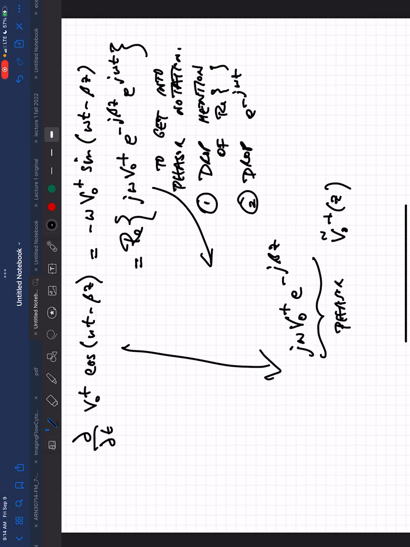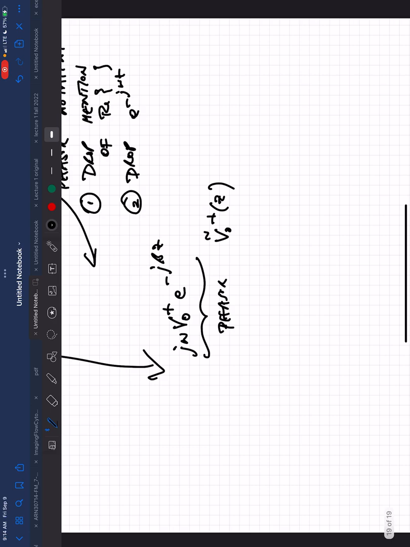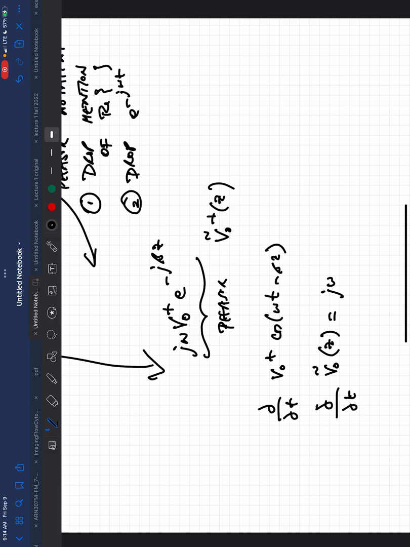Okay, so basically, again, d by dt of V0 plus cos of omega t minus beta z. If I just look at this in the phasor notation, it looks like I've got d by dt of V0 the phasor is j omega V0 plus the phasor V of z.